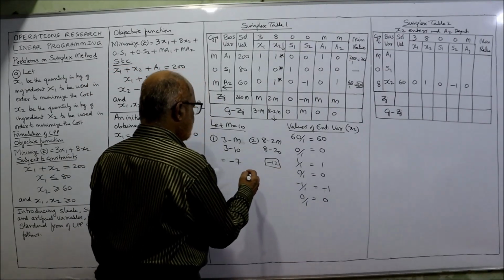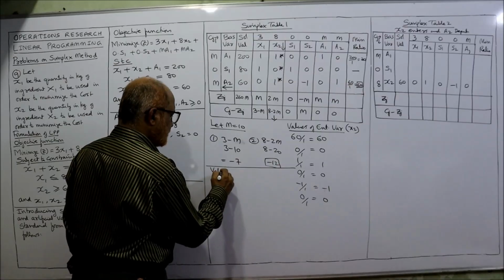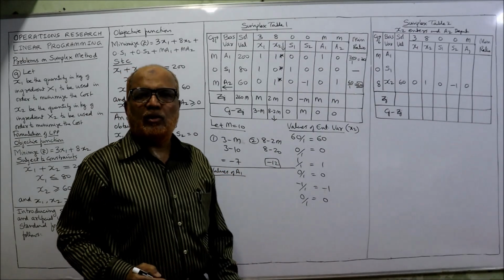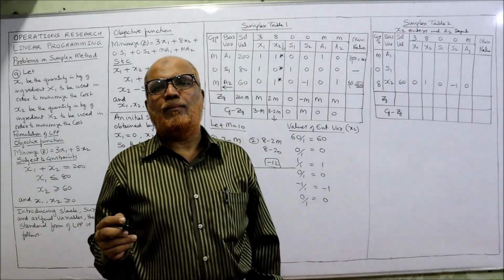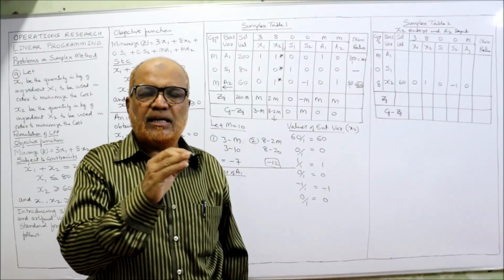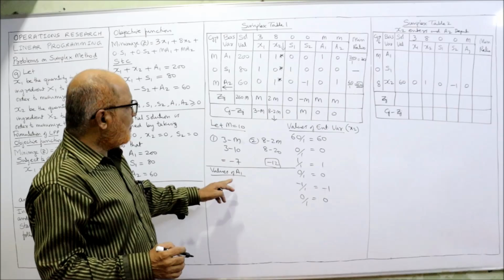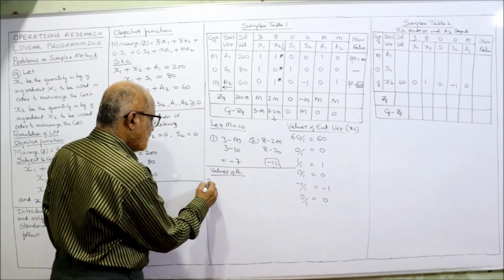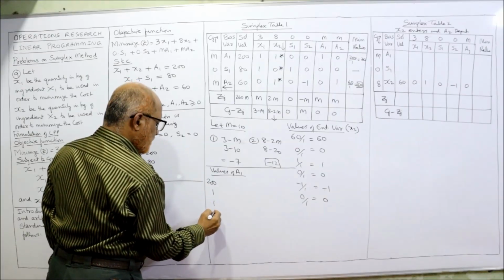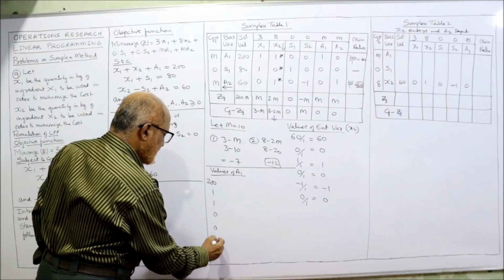Now we need to calculate the values of A1. Already in the previous problem we have applied the formula: the values of A1 is equal to old value minus intersectional element times values of the entering variable. The old values of A1 are 200, 1, 1, 0, 0, 1, 1, 0, 0 and the last one is 1.